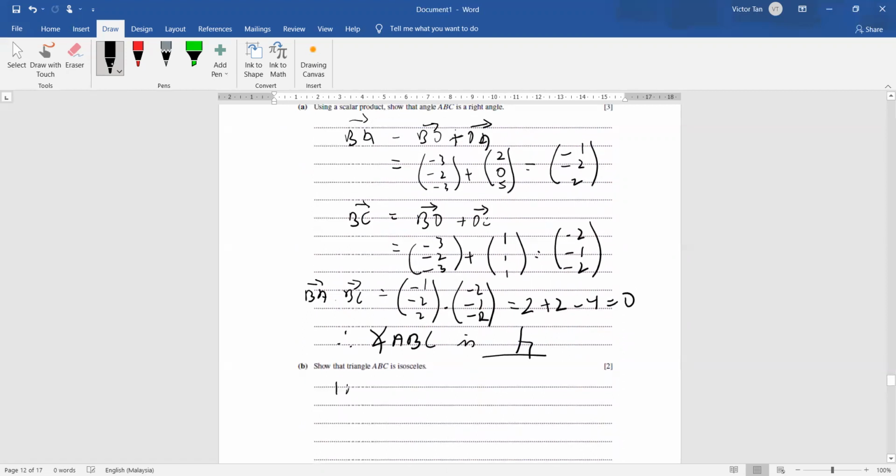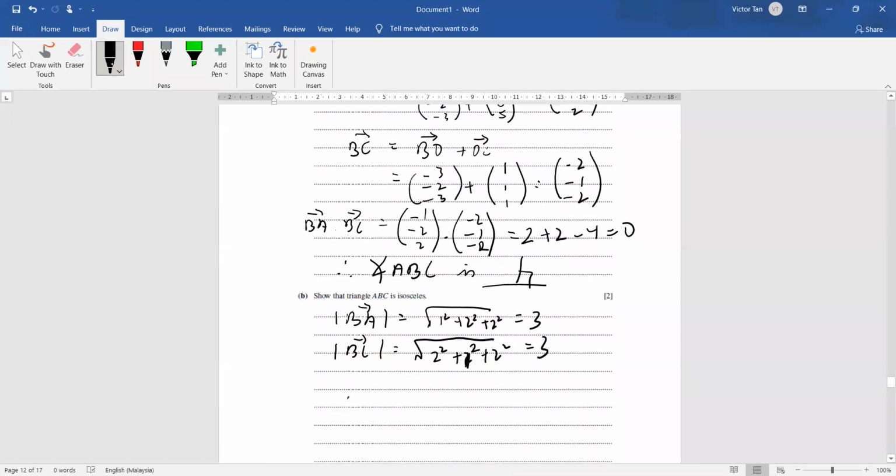The magnitude of BA equals the square root of 1 squared plus 2 squared plus 2 squared, which equals 3. The magnitude of BC is the square root of 2 squared plus 1 squared, sorry, plus 2 squared, which is also equal to 3. And therefore, triangle ABC is isosceles. Okay.